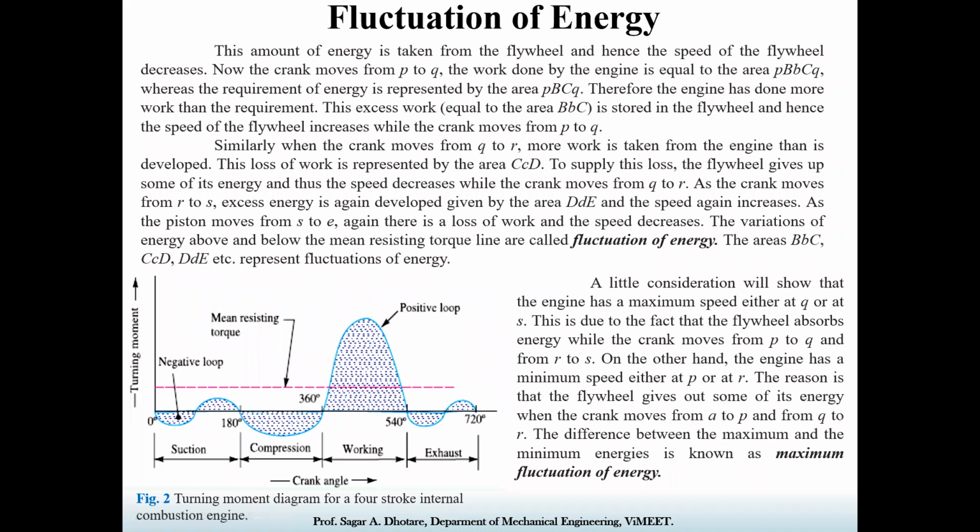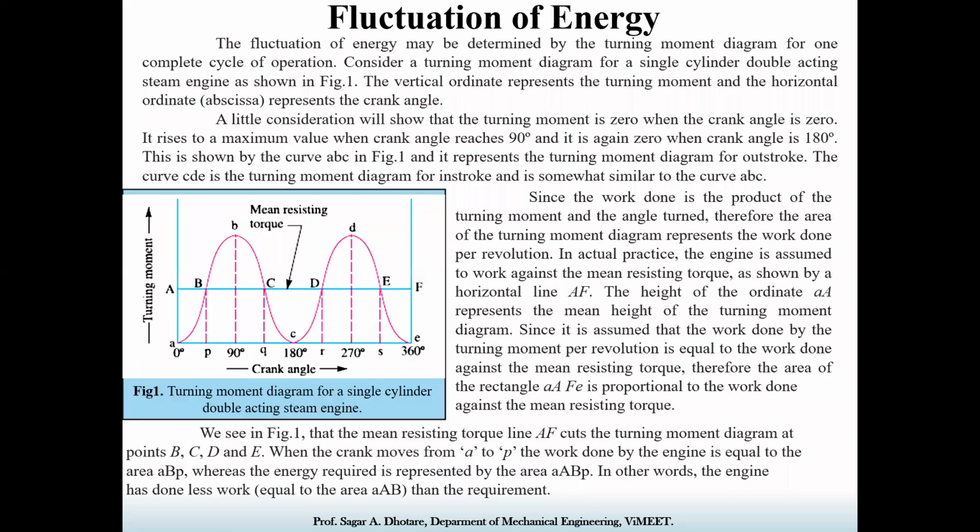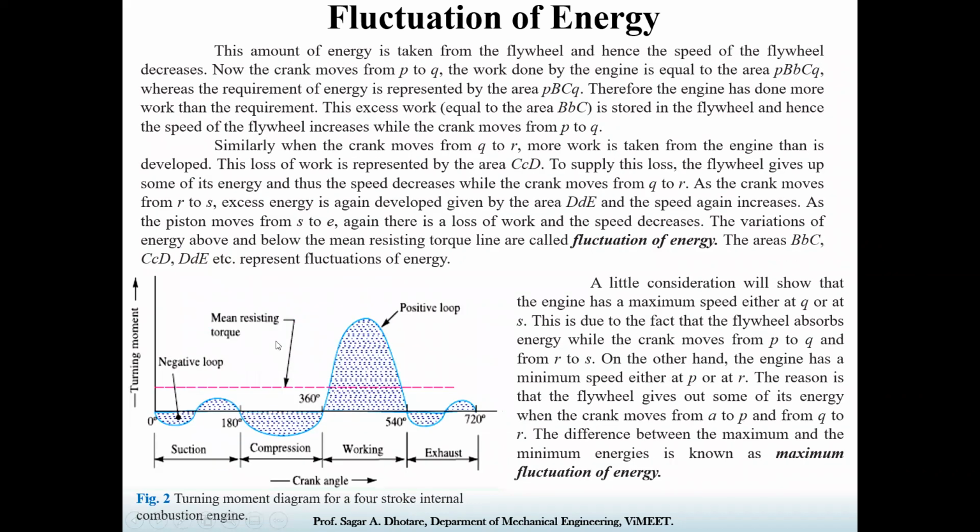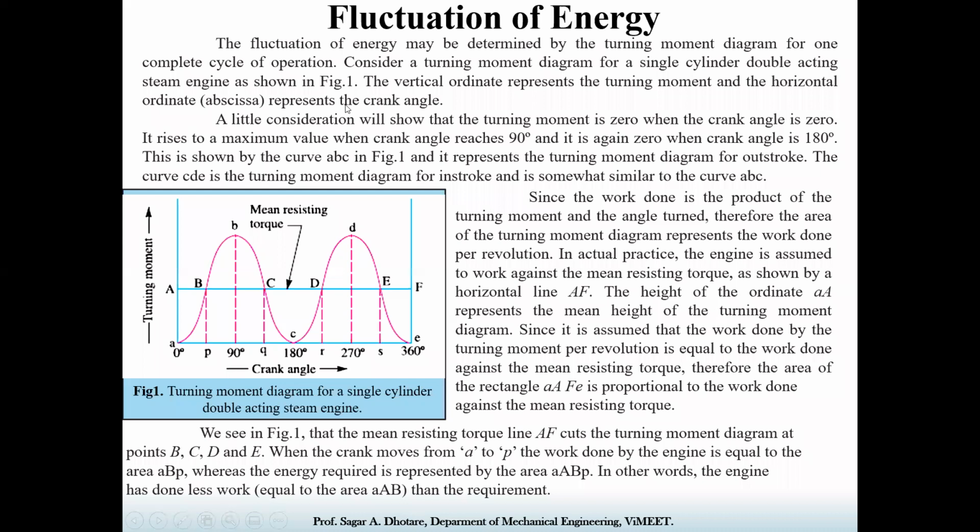Now the amount of energy has to be taken from the flywheel, and hence the speed of the flywheel decreases. Now the crank moves from P to Q, and the work done is equivalent to the area PBCQ.